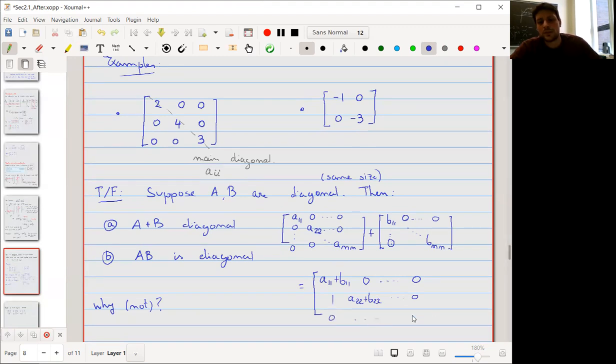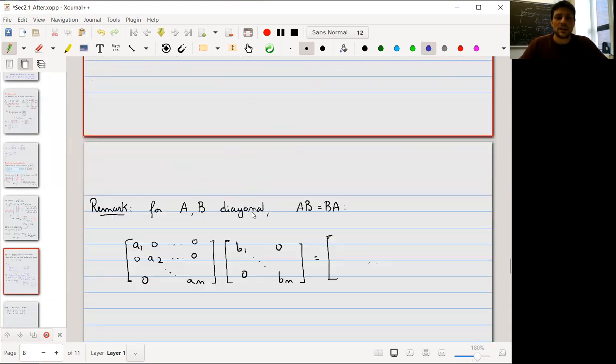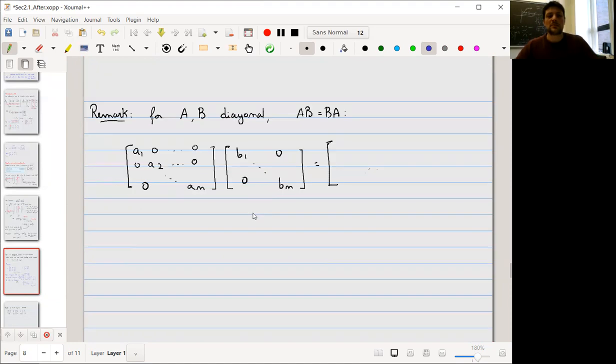These are all zeros, ANN plus BNN. In other words, it is true that A plus B is diagonal. Now, A times B is also diagonal. And let me move to the next slide where we can compute it a little bit more cleanly.